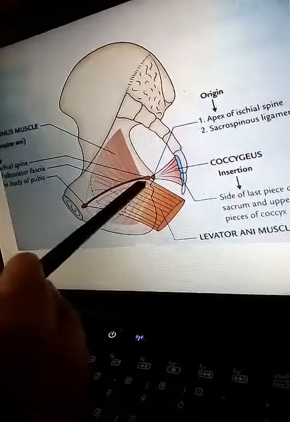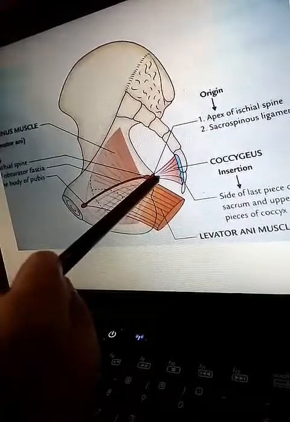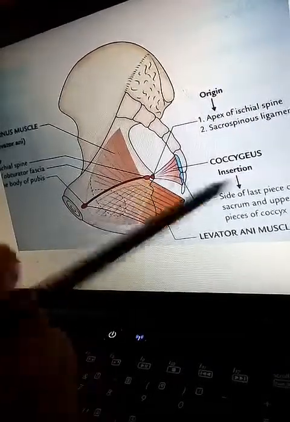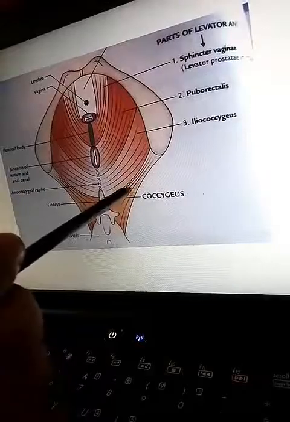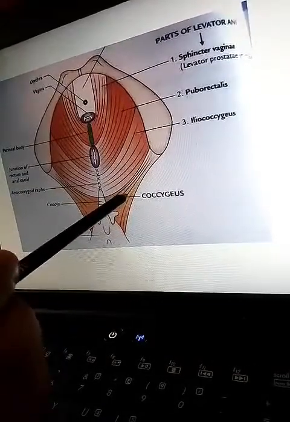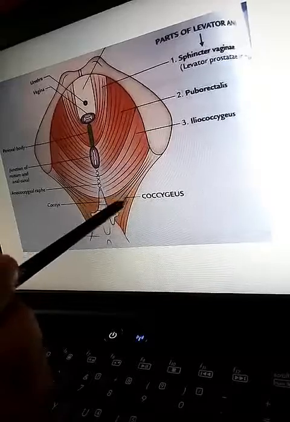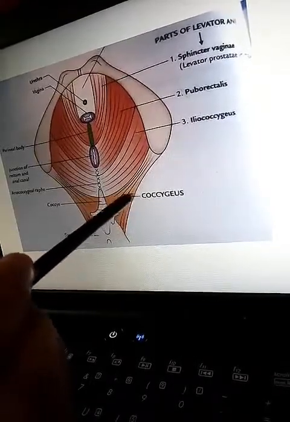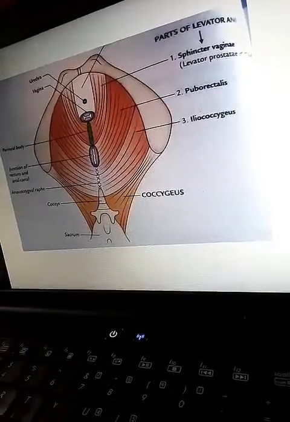It is supplied by the ventral rami of fourth and fifth sacral nerves. The coccygeus muscle assists the levator ani muscle to support the pelvic viscera. They also produce minor movements of the coccyx.